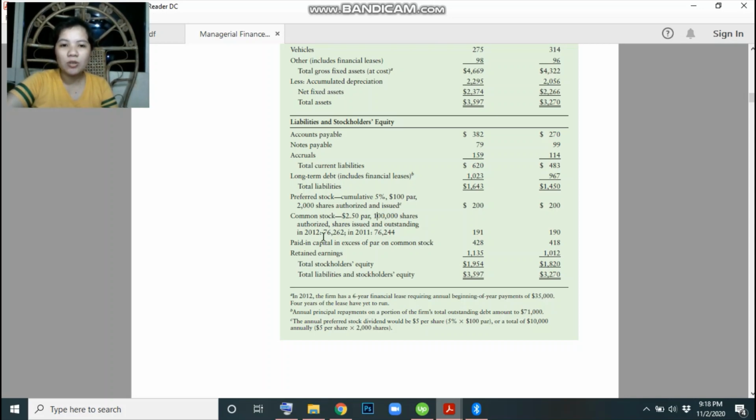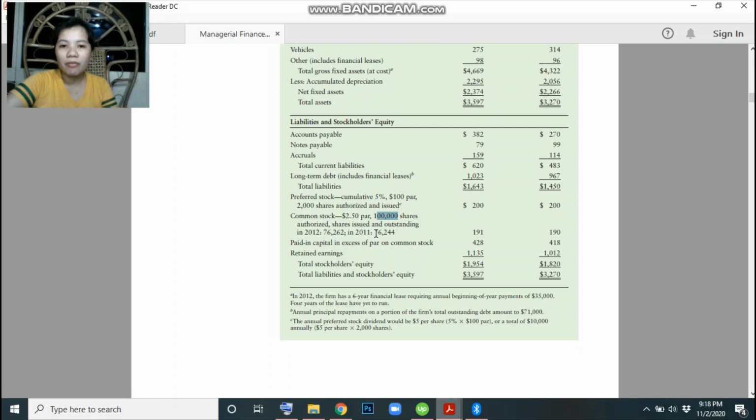Naa siya 100,000 nga common stocks nga authorized, napod siya 200,000 nga preferred stock nga pwede niya ibaligya. Ang preferred stock ni Barley nga 2,000 shares nga gi-authorize, issued tanan, meaning nabaligya tanan. Okay? Ang common stock ni Barley nga 100,000, pila man ang na-issued o outstanding.